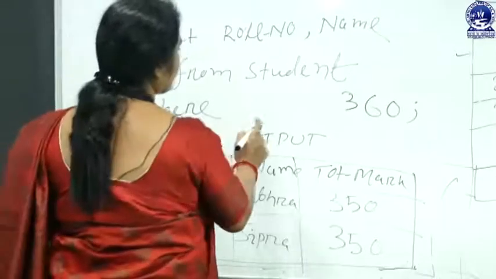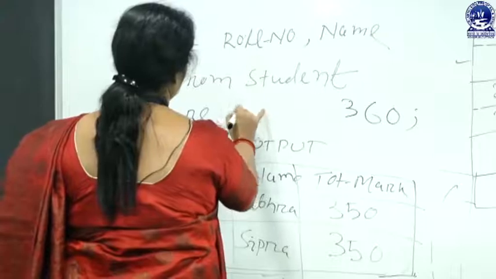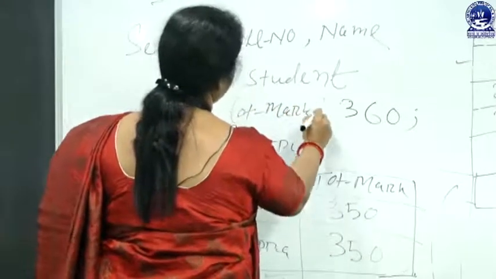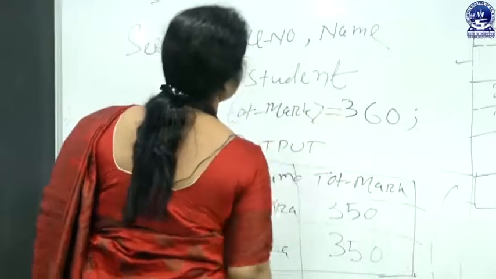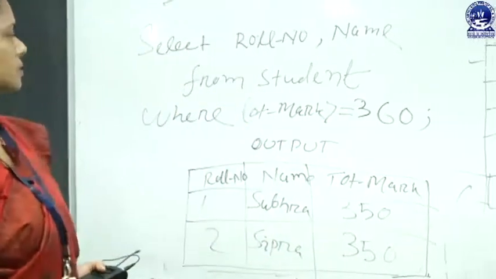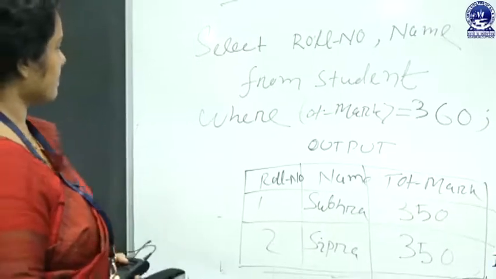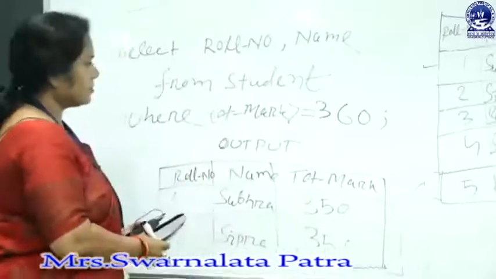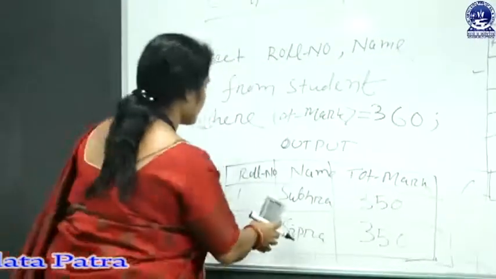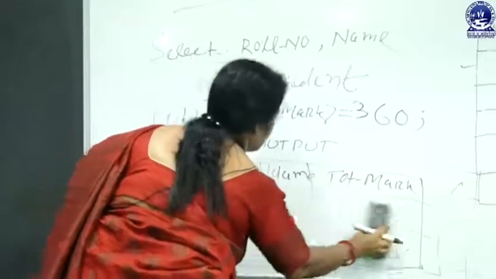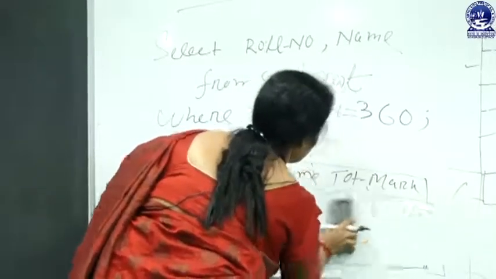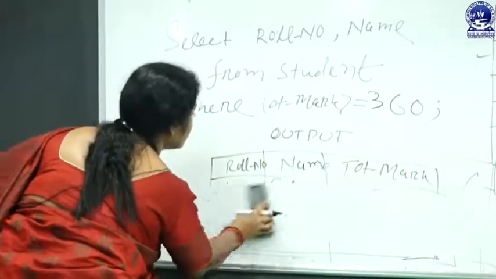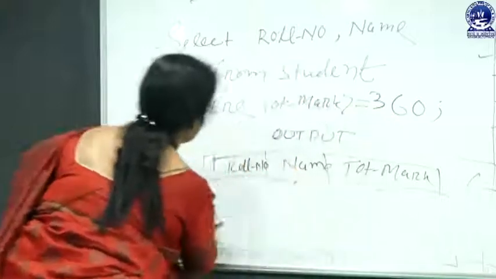Next I want to display the names of the students who have secured marks greater than or equal to 360. By executing this command, the output will display only the students who have secured above 360 or equal to 360.